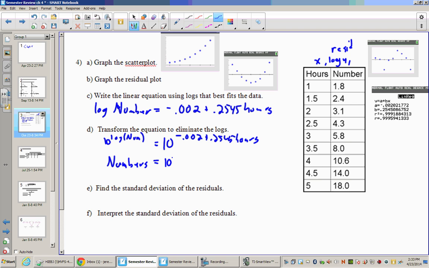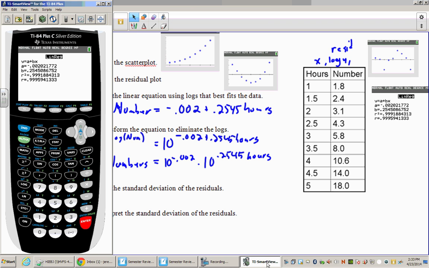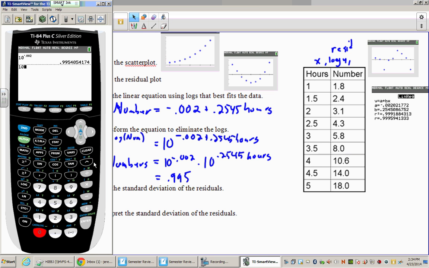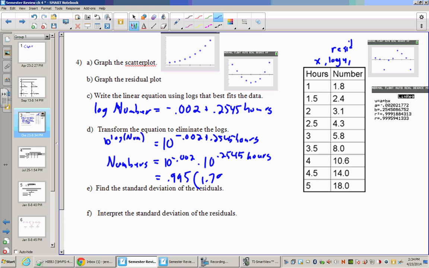I could write 10 to the negative 0.002 times 10 to the 0.2545 hours. 10 to the negative 0.002 is 0.995, and we could take 10 to the 0.2545 to get 1.7968, and hours still stays up in the exponent.